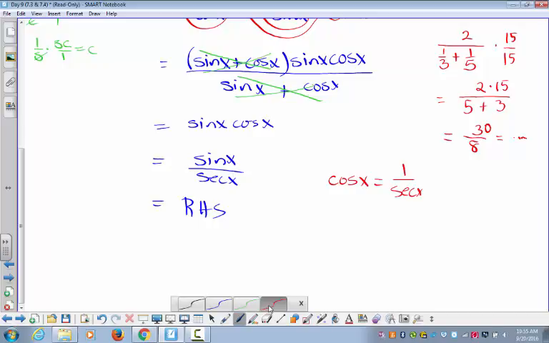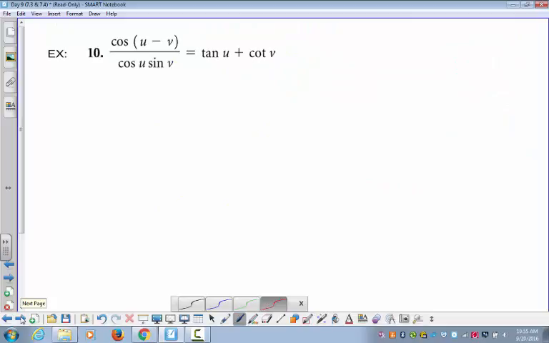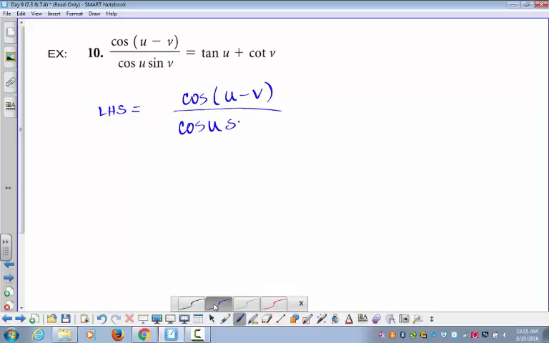Let's go to another one. Number 10. So let's start with the left-hand side. That's got a cosine of a difference, so right away that's definitely looking more complicated on the left side. So we're going to try to get to the right-hand side.